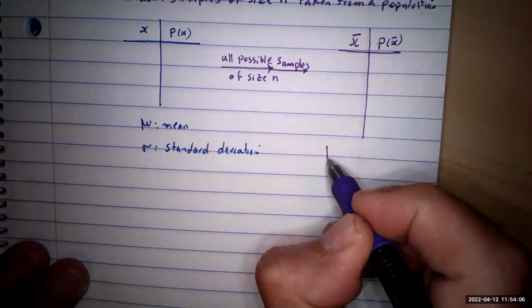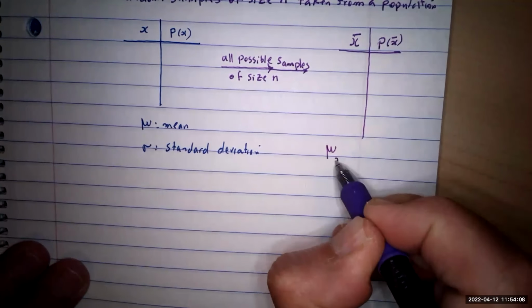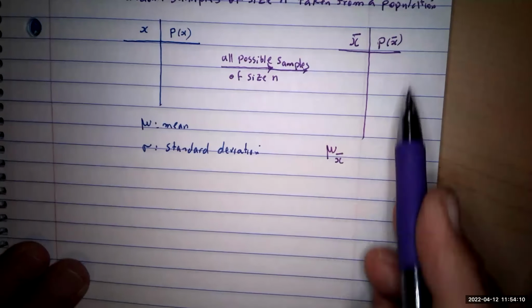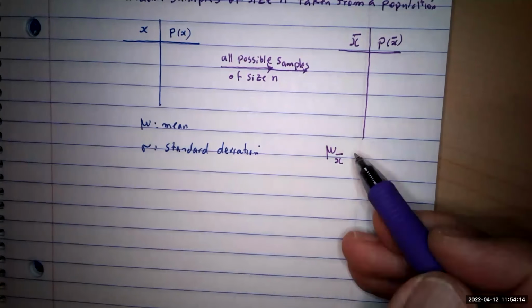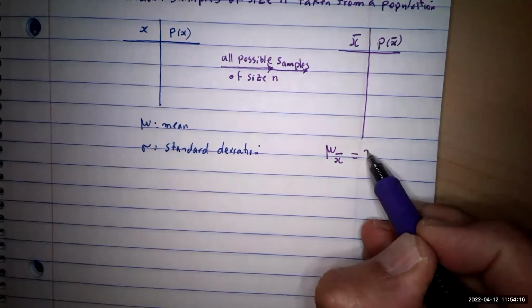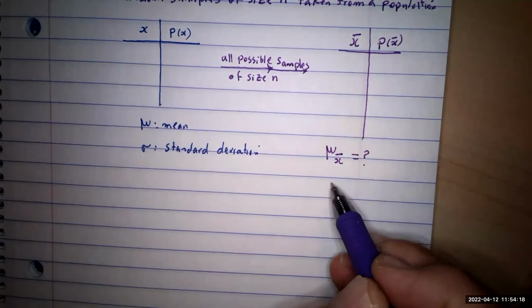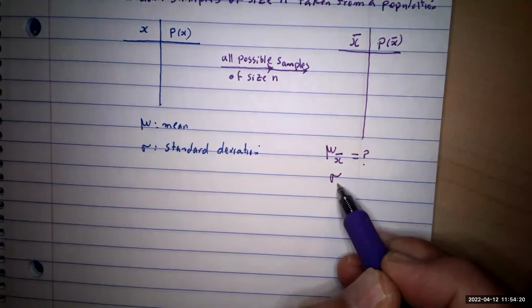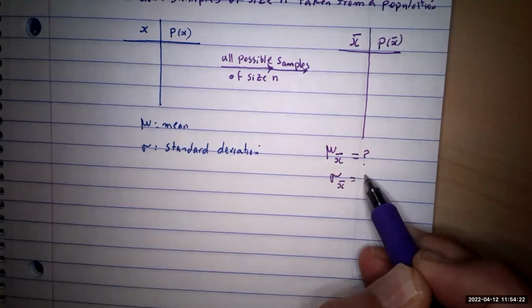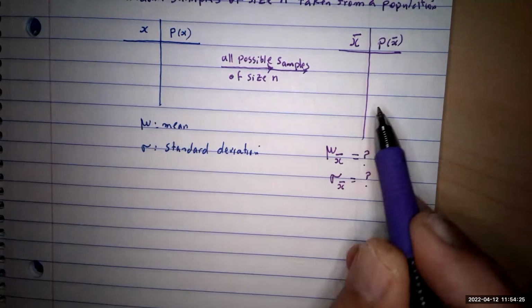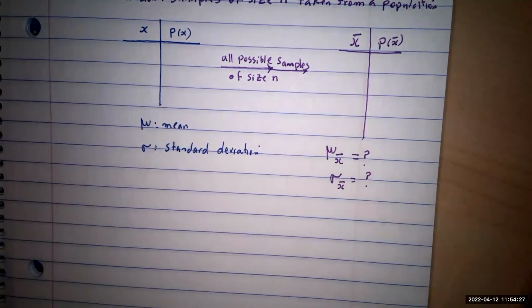We call it mu of x bar, the mean of the new one. And what is the standard deviation, sigma? Is there any relationship between this new one and the old one?